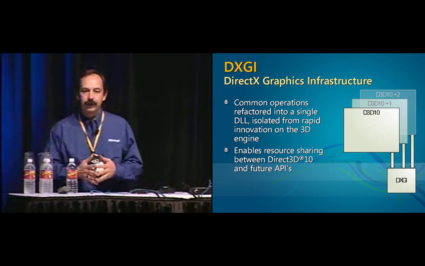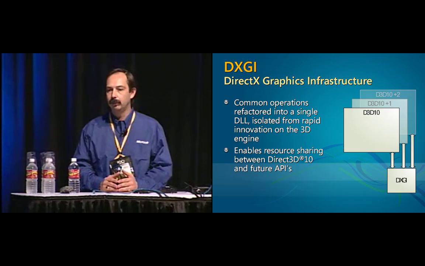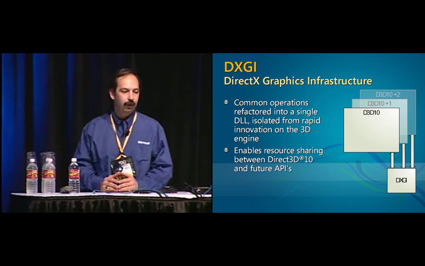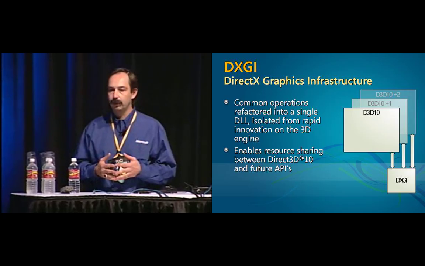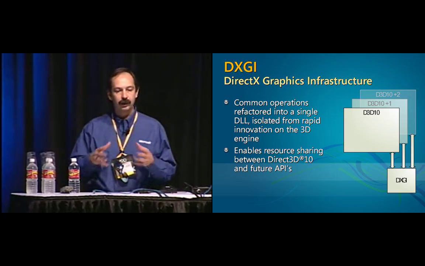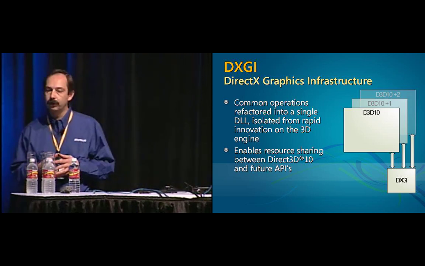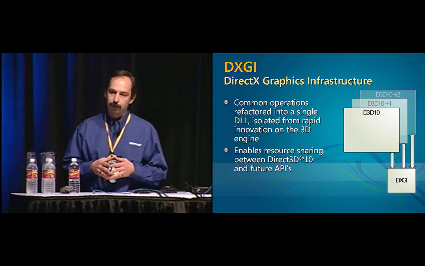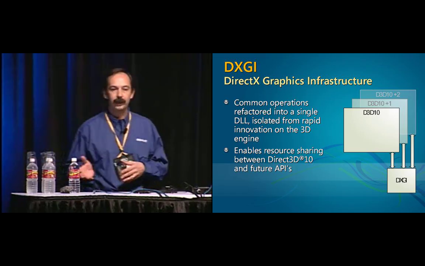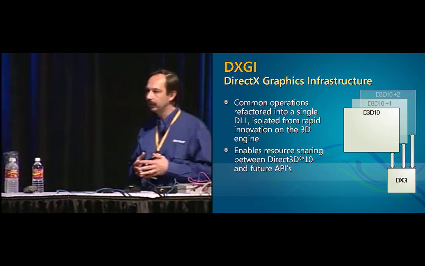In the past, in D3D9 for example, we had devices, we had presentation, we had buffers, we had all the various things that were related to the hardware also intermixed with the actual rendering. What changes in D3D10 is we introduce a new layer called DXGI, which is the graphics infrastructure piece, which is separate from the APIs that are related to rendering and drawing and actually sending commands to the GPU.